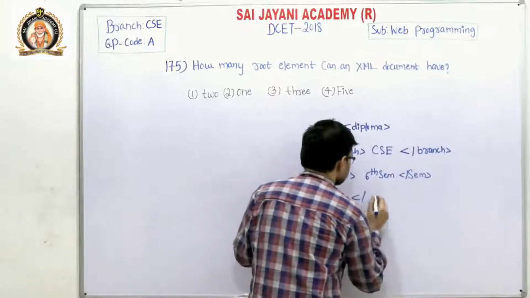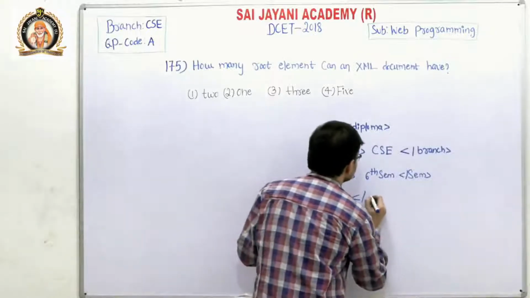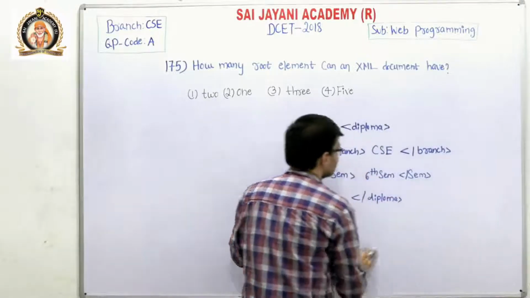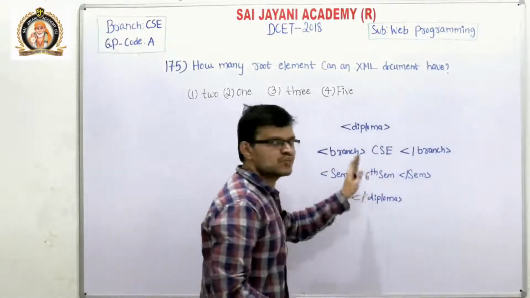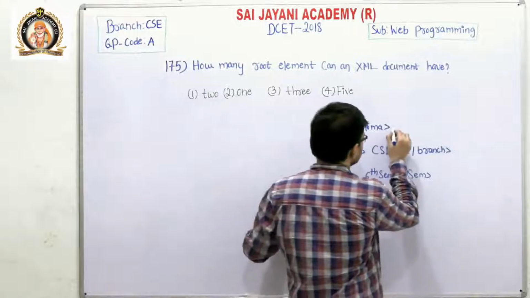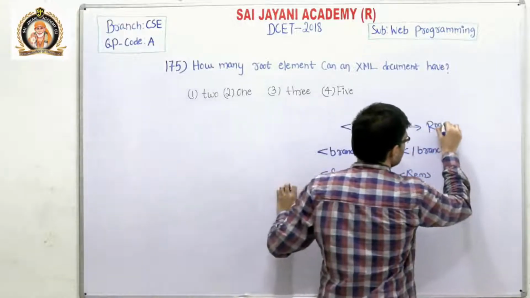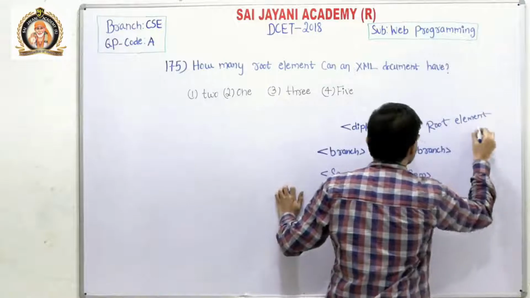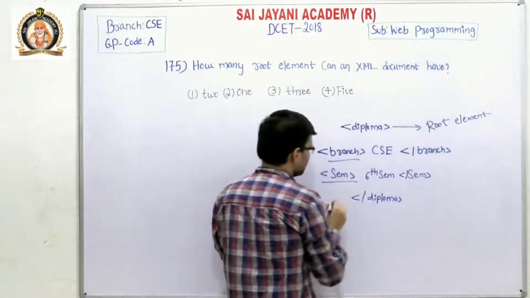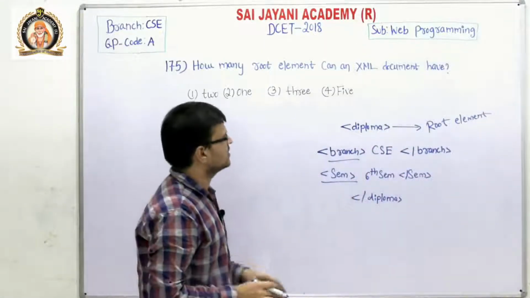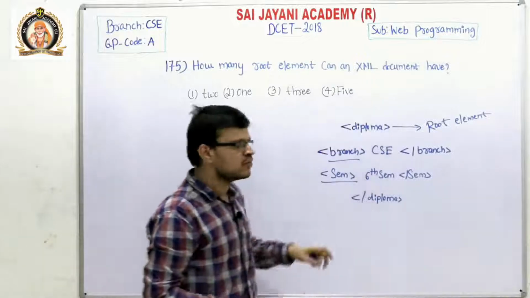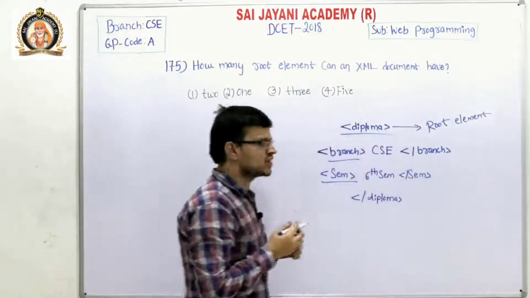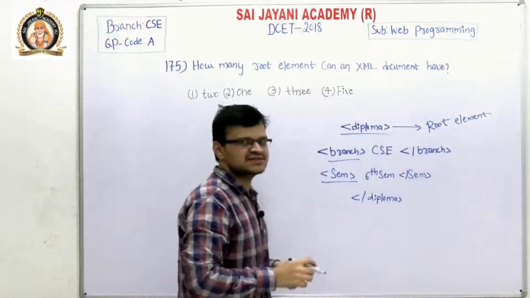Okay, and we close the root tag or root element, that is diploma. Okay, this is the XML program. In this XML, diploma is the root element, and branch and sem are just elements. An XML document can have only one root element, but in this example, diploma is the root element, and branch and sem are just elements.